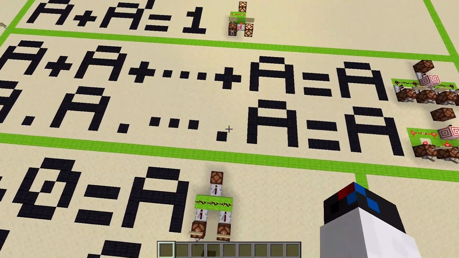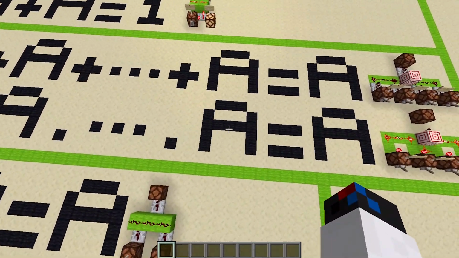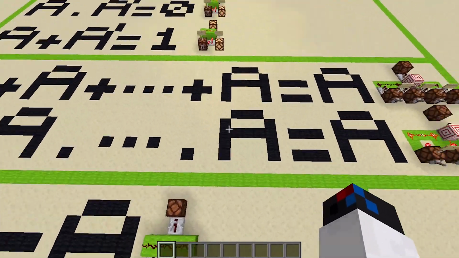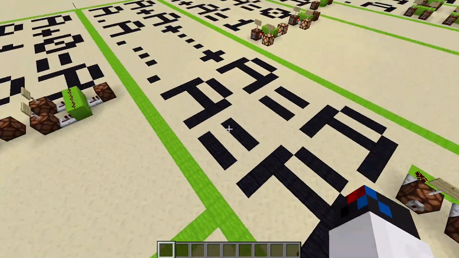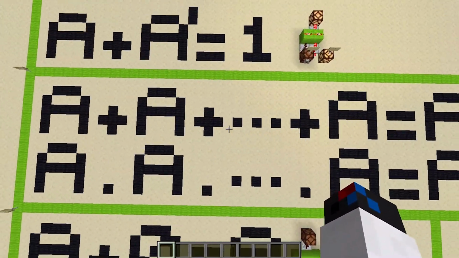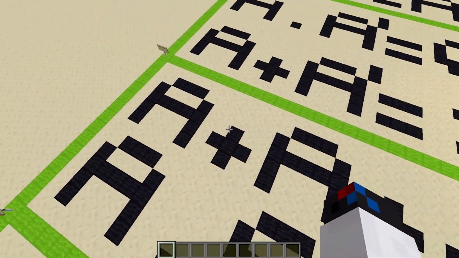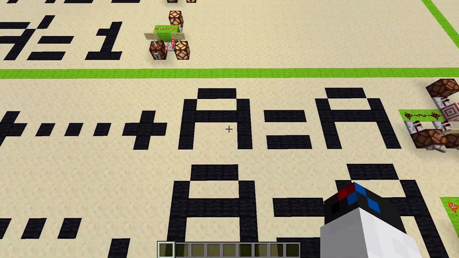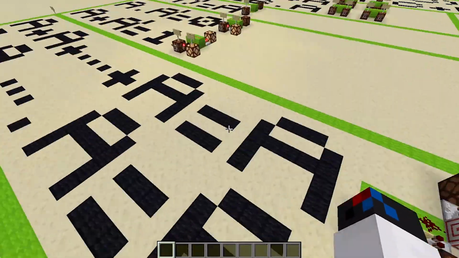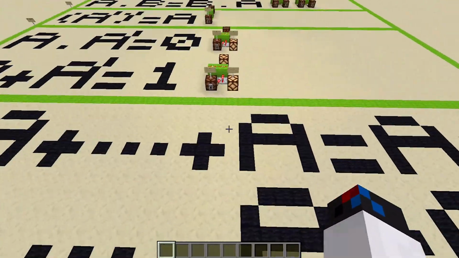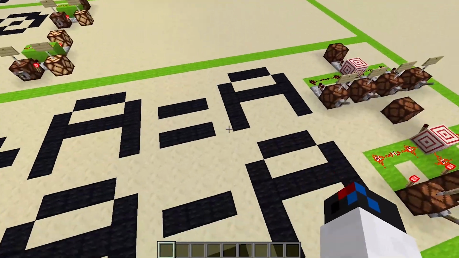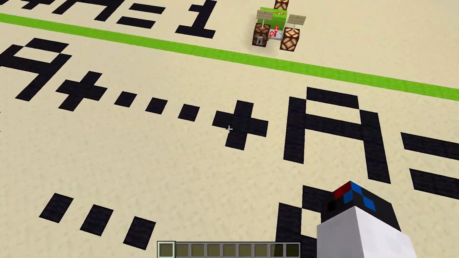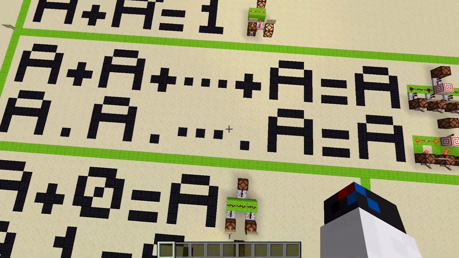But in Boolean algebra, that is not a thing. So A and A, n times, will always equal A. This is similar when you use the OR operation. A or a bunch of A's together will give us A again, or more generally, the same variable back. So yeah, this one is a bit confusing.